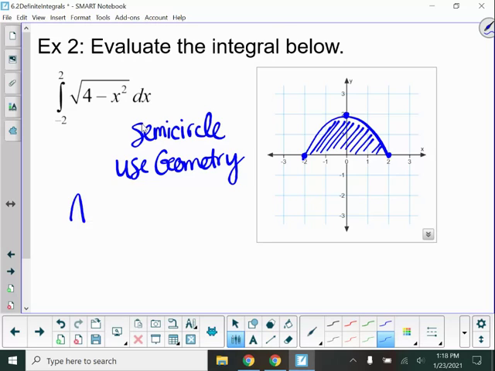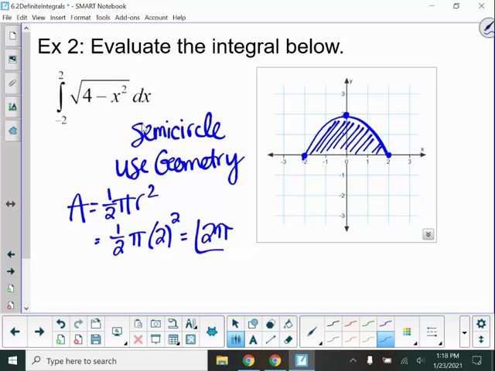So the area of a circle is pi r squared, and since this is a half circle, it's going to be 1/2 pi r squared. The radius here is 2, so this is 1/2 times pi times 2 squared, so 1/2 of 4 times pi, which is going to give us 2 pi. So the area under the curve for this question is 2 pi.